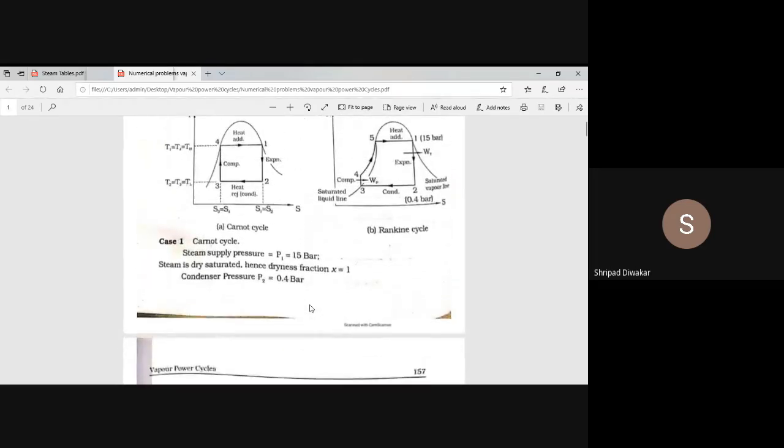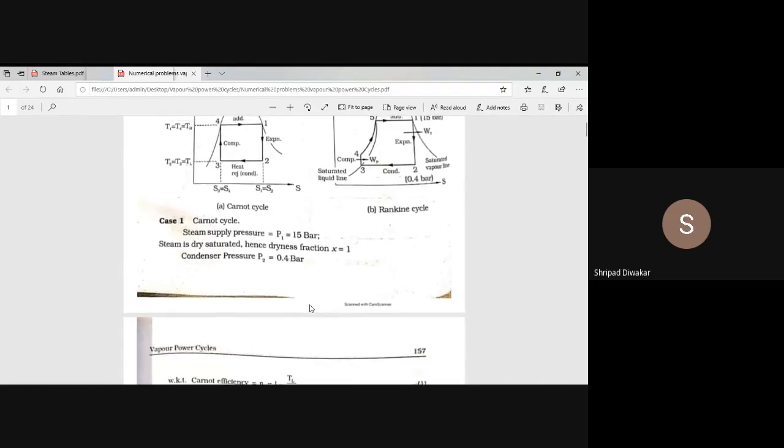We get h1 as 2789.9 from the steam tables minus 2207, that is h2 from the calculated value, and h3 is hf2. So after solving, we get the efficiency as 23.55%.